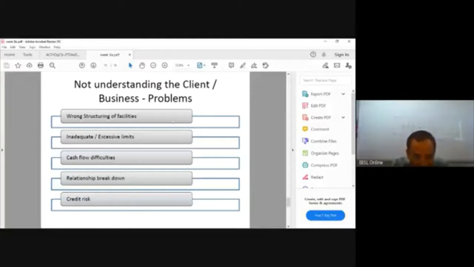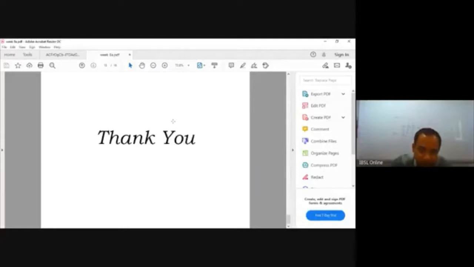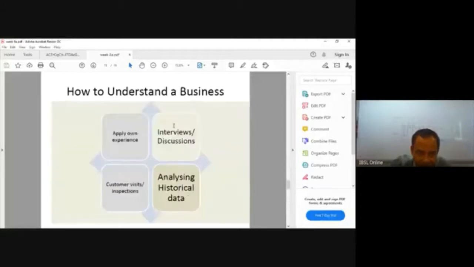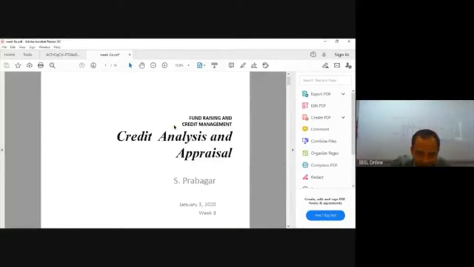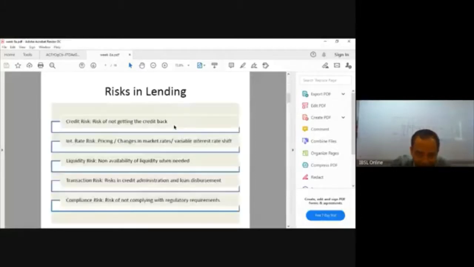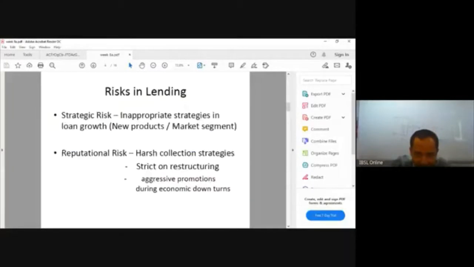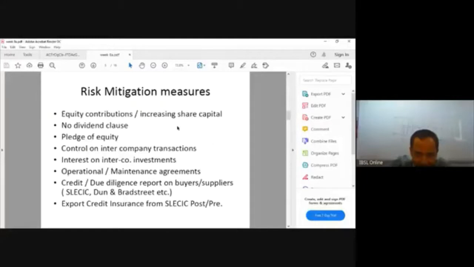The other one is the credit risk, which we discussed anyway, right? So this is basically about areas of credit analysis and the risks: what risks you will be looking at, and what the risk mitigation measures are.